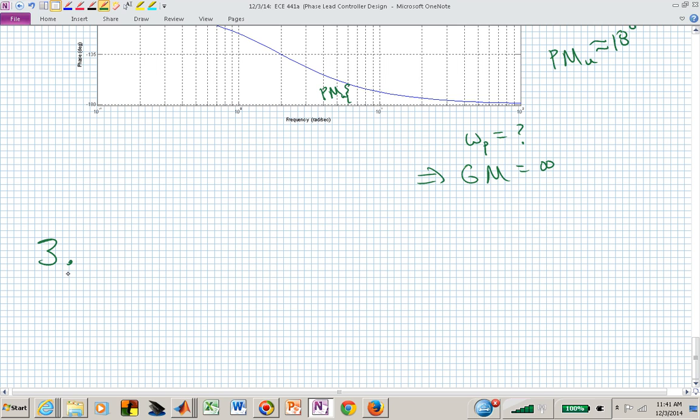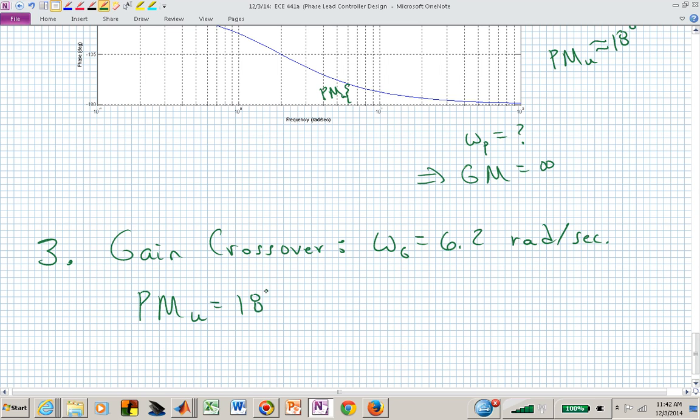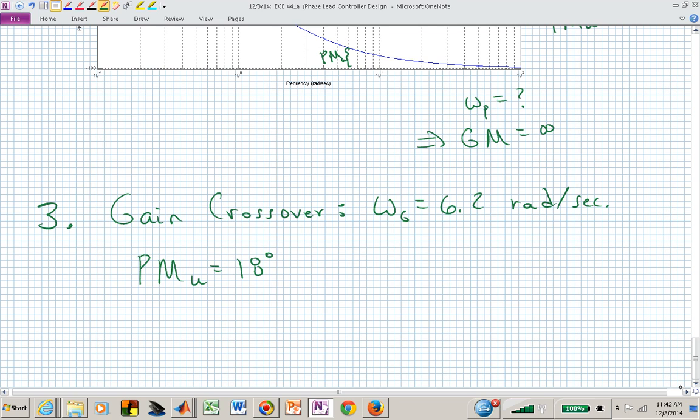One of those steps is to find our phase margin, which we just did. We actually sort of cheated and let MATLAB do that for us, but we found that our omega sub g, our gain crossover frequency, is roughly 6.2 radians per second. We have a phase margin of 18 degrees for the uncompensated system, and we wanted a phase margin of 40 degrees or more.